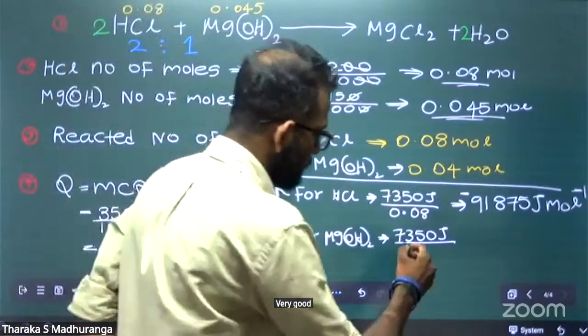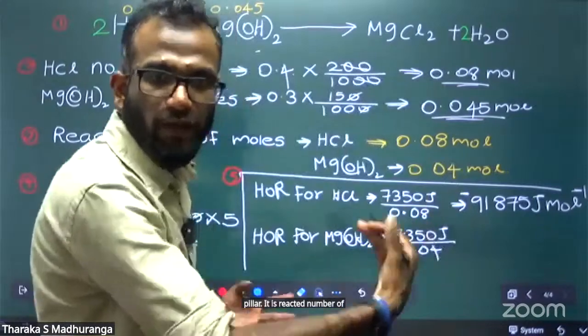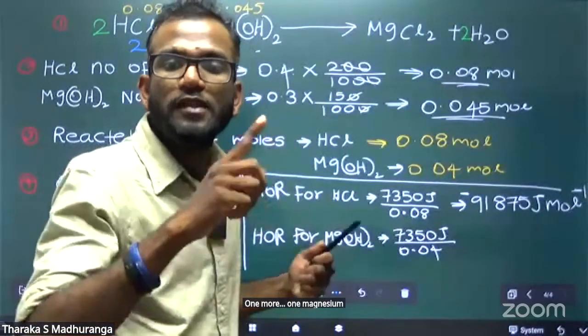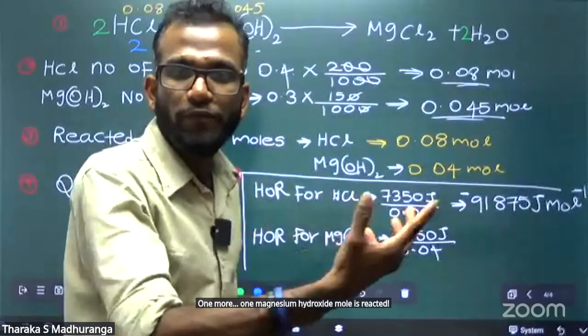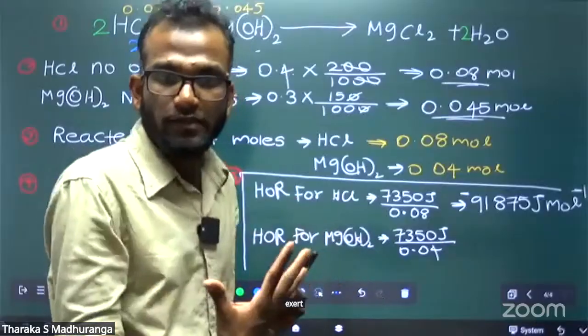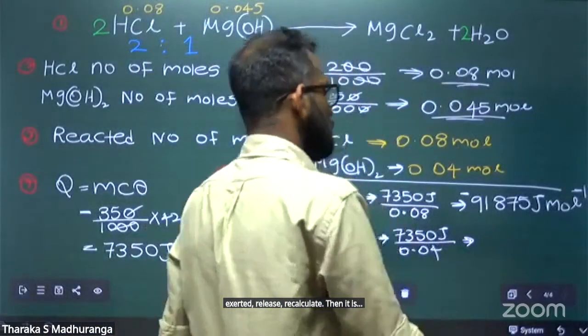Very good. Well done. It is the reacted number of moles we always need to divide by, because one mole of magnesium hydroxide is reacted. The amount of heat released, we calculate. Then send me the value.